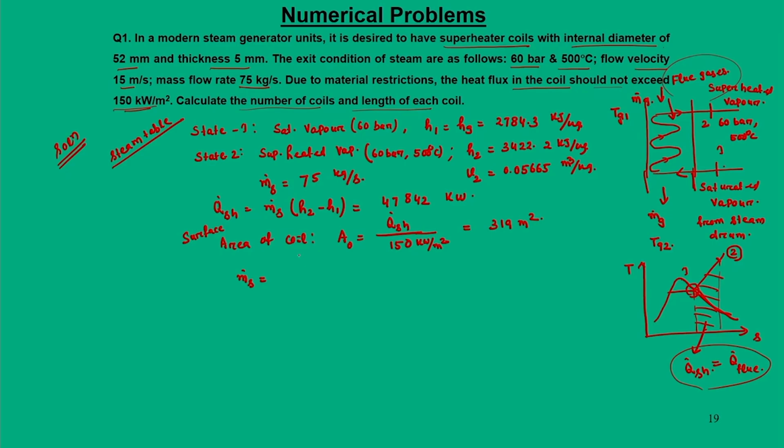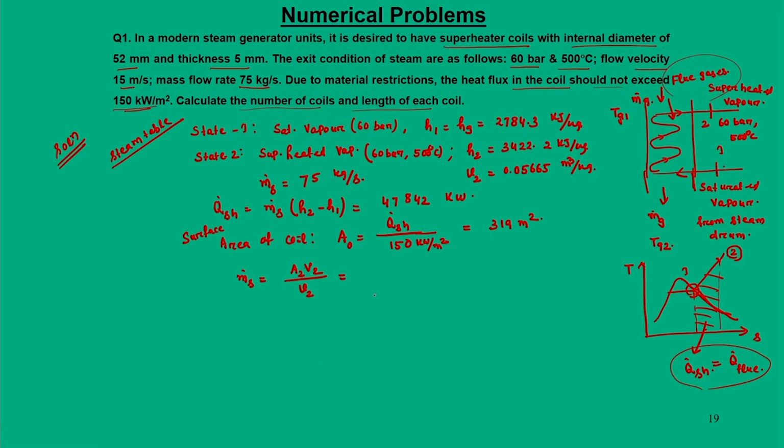So, from the mass flow rate we can calculate, from the mass flow rate equation, which is nothing but m dot s equals A2 V2 by v2, that is area into velocity divided by specific volume.